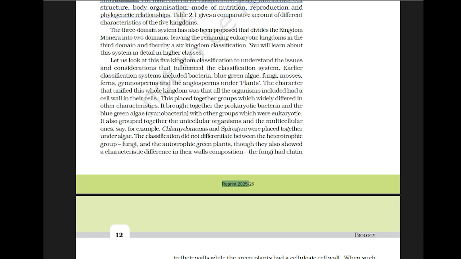The other demerit is that the different members of the 3 kingdoms evolved from different ancestors, so they are polyphyletic. And the phylogenetic evolutionary relationship of lower organisms is not fully considered in this classification. Those are the disadvantages of 5 kingdom classification.